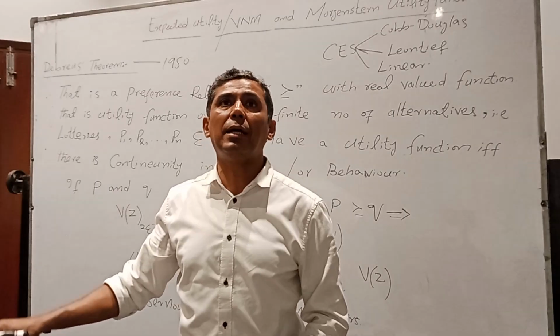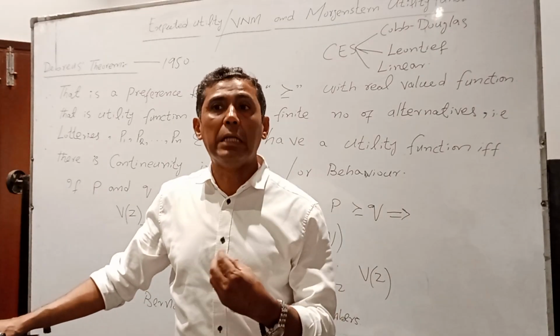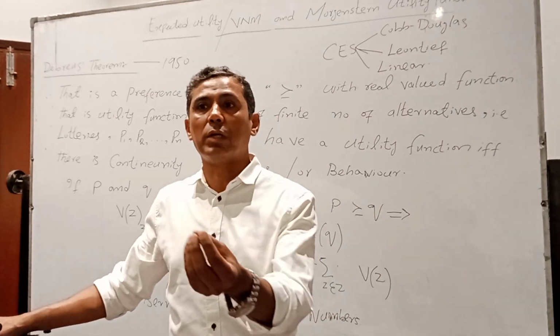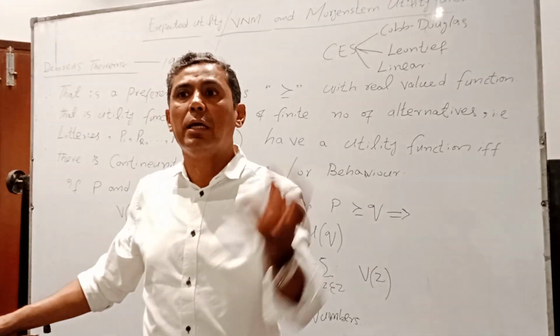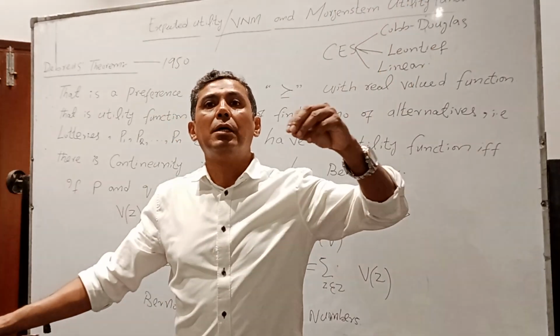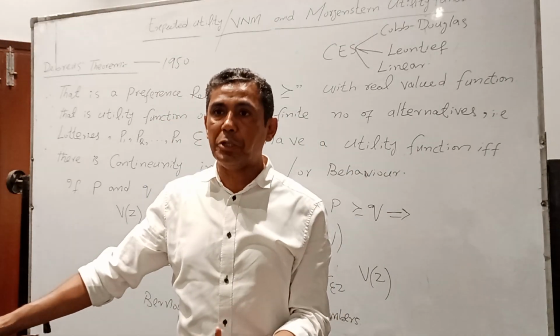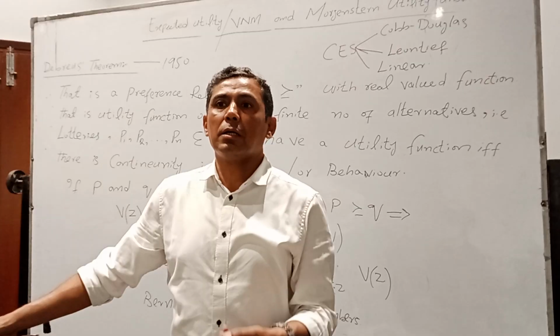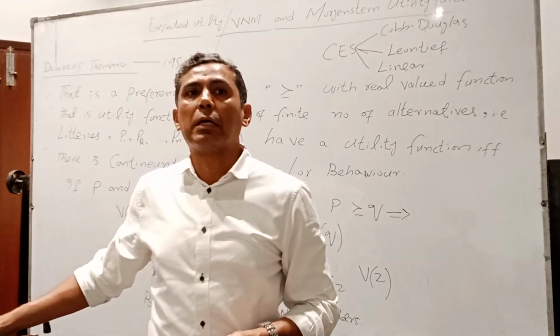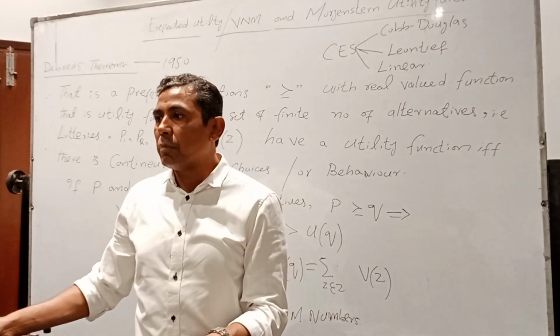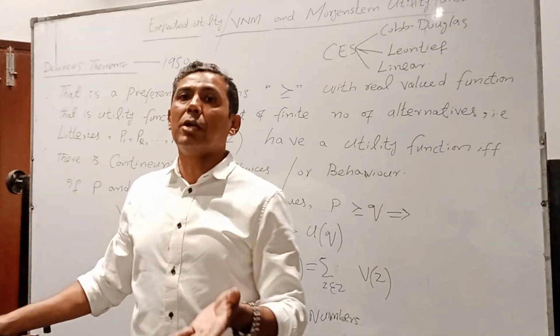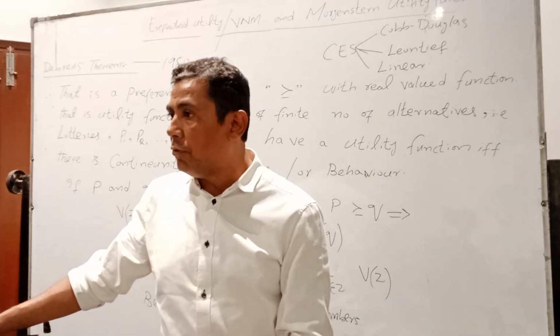Second important thing is, in the case of the cardinal utility function, we say that we assign numbers, because utility is your psychological behavior. Technically we cannot measure it. We cannot measure what kind of utility you are availing today after this class, or what kind of disutility you have now.